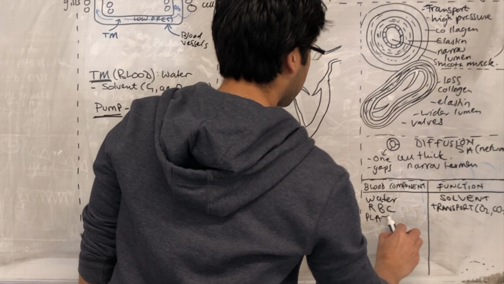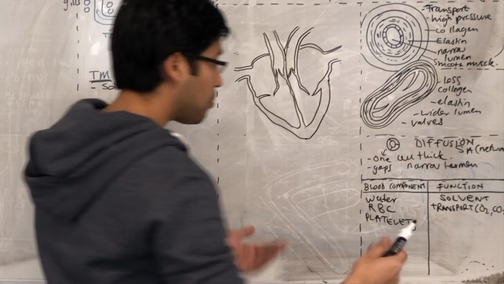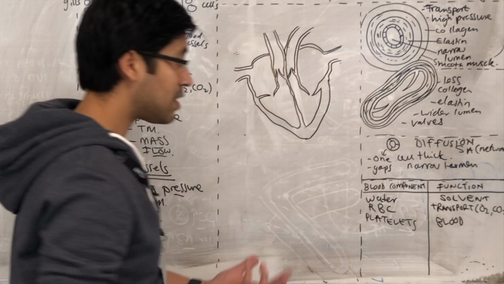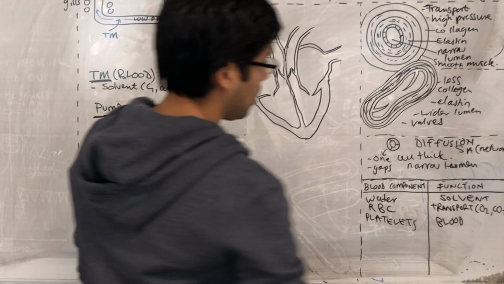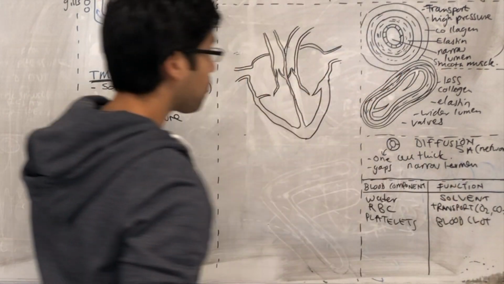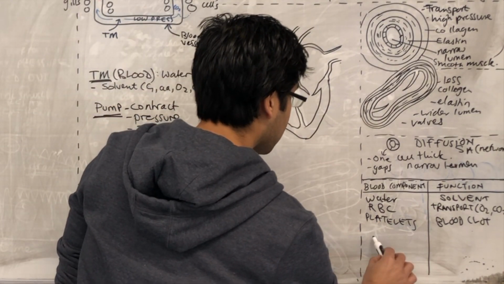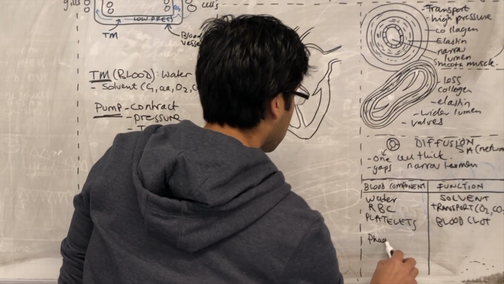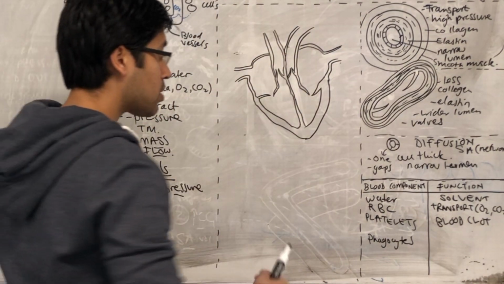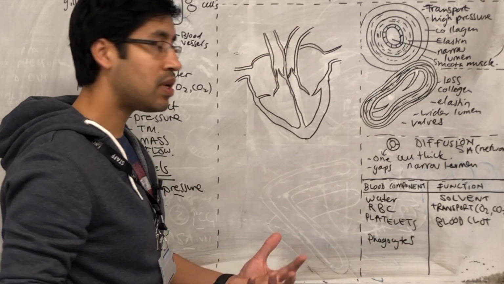Platelets. Function: blood clotting. That's a bit of a defensive function there, platelets. Okay. What else do we have? We have phagocytes. And phagocytes have the function of being the primary defense.